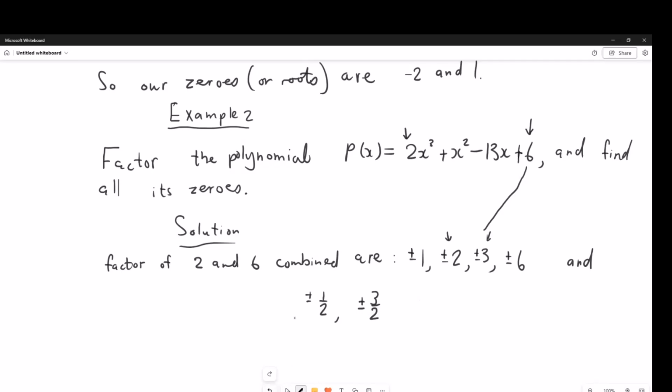Right. So those are all the possible factors of 2 and 6, okay? There they are. And then now for the P over Q part, what I can call this is the rational zeros. So let me just say appropriately the following.